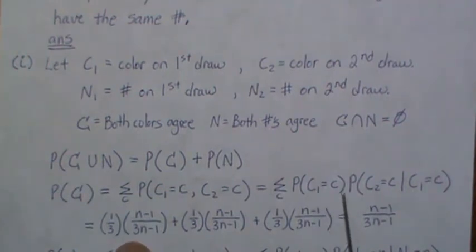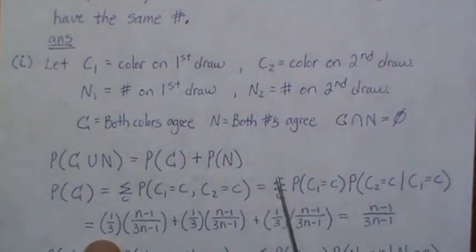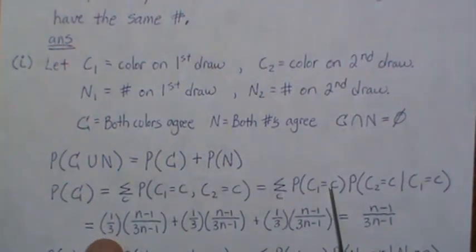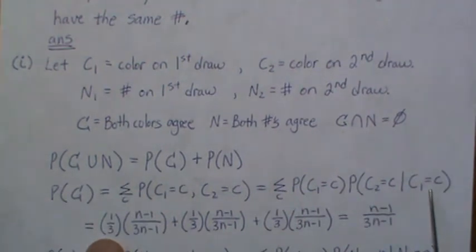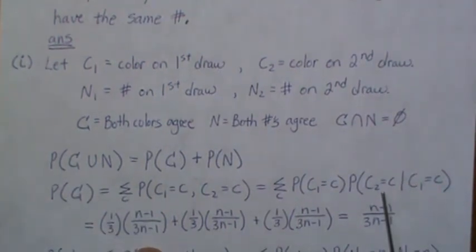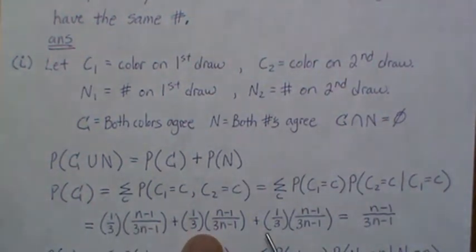So the probability that the first ball drawn is red, remember we're summing over the colors, is 1/3. Now given that we drew a red ball, the probability the second ball is red is N minus 1 left of red over 3N minus 1. Now the probability that we draw a black ball is 1/3.